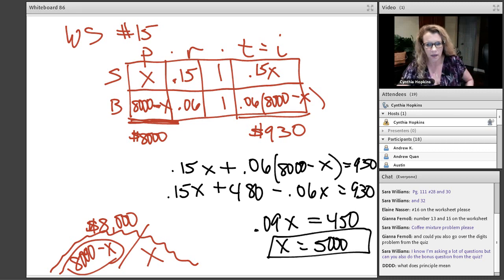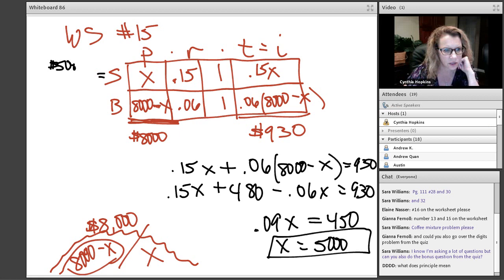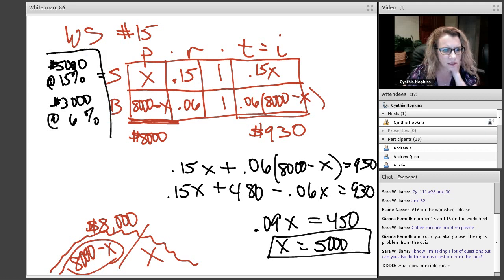Okay, so I'm going to go back up to my chart, and having that so well labeled, I know $5,000 is in stocks, or you know what, I'm actually going to say $5,000 at 15%, or you can say stocks, whichever one. And then when I plug in the 5,000 for x down here, I get $3,000 at 6%. It's a little messy, sorry. And there are my two answers.